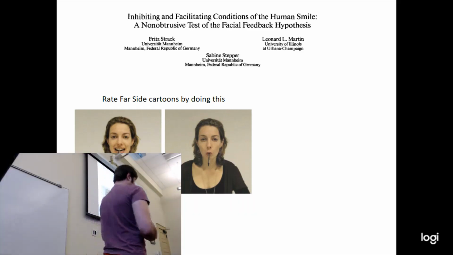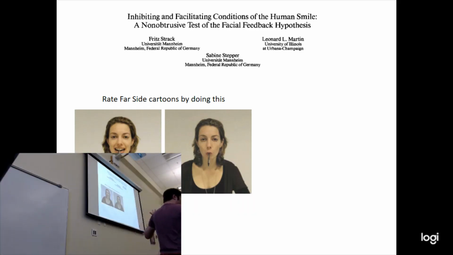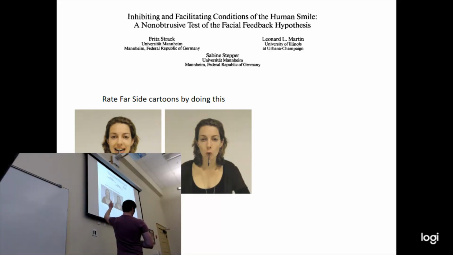What they did in this paper is they asked participants to rate how funny Far Side cartoons were. And the twist was that the participants either held the pen that they used to rate the cartoons using an expression like this. Specifically, they were told, don't put your lips on the pen.